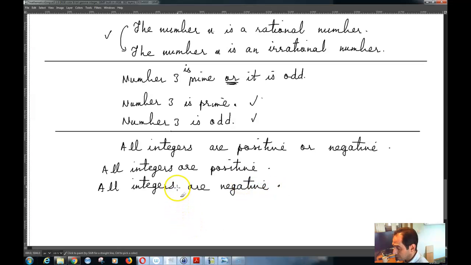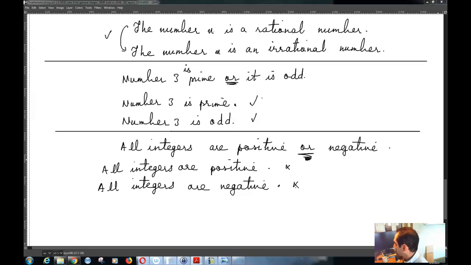All integers are positive is of course false. There is at least one integer that is not positive. All integers are negative is false because there is at least one integer that is not negative. So both are false, and they are connected together with an OR. So the compound statement is false.